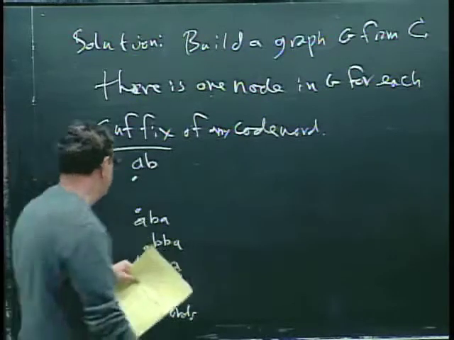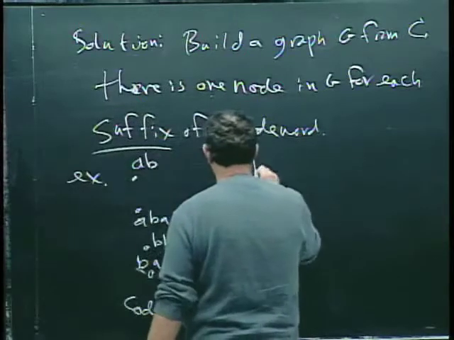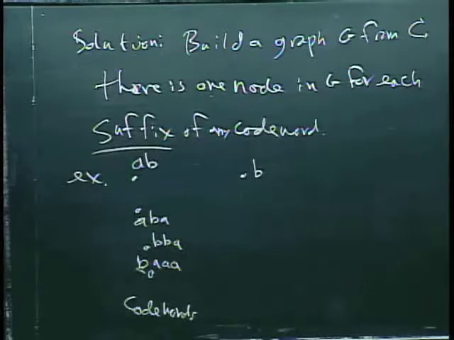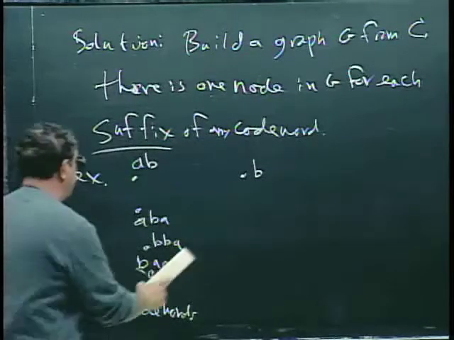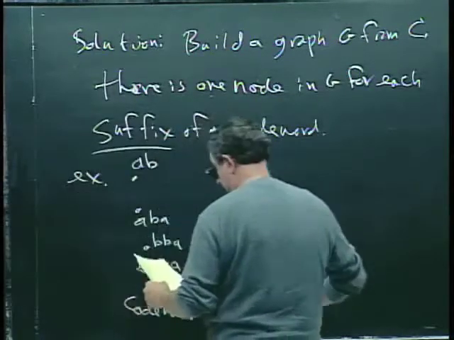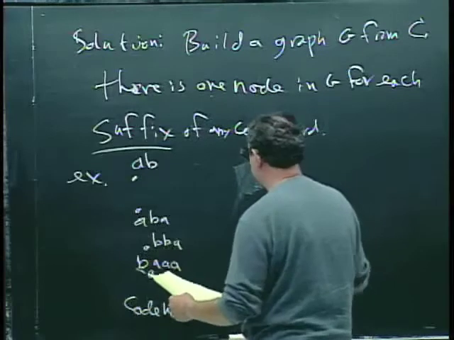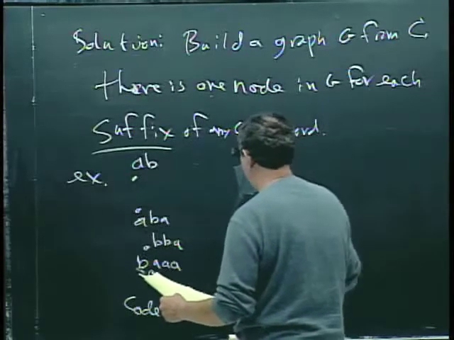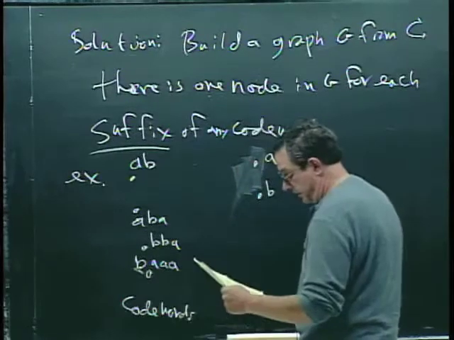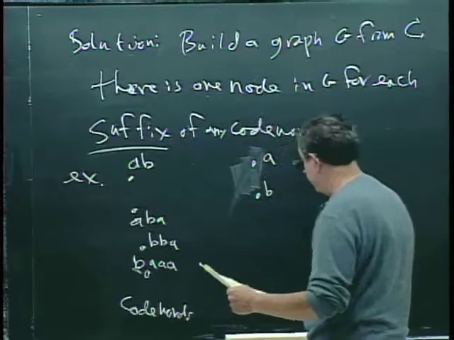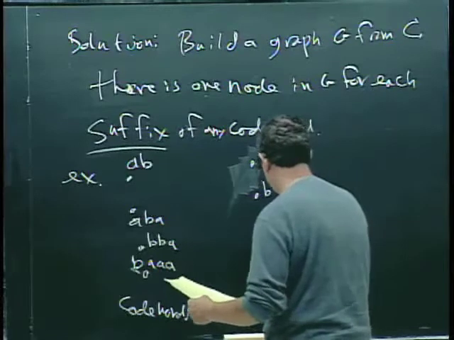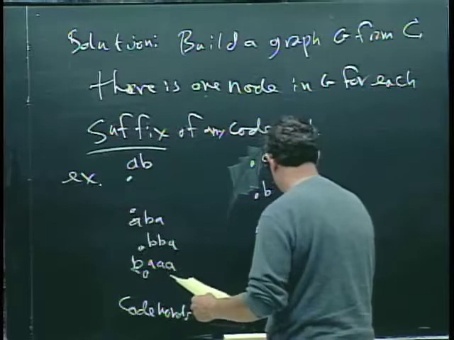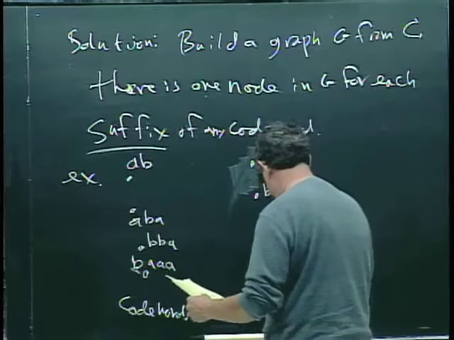And then what are the suffixes? Well, I better make my example the same way I have it on the paper, otherwise I'm going to get confused. There's a suffix A, there's a suffix B, there's a suffix BA, there's a suffix AA, and there's a suffix AAA.